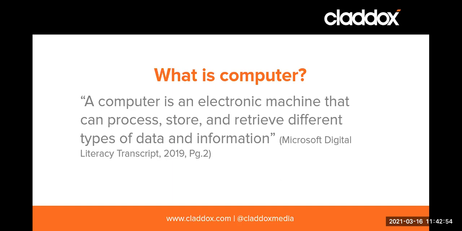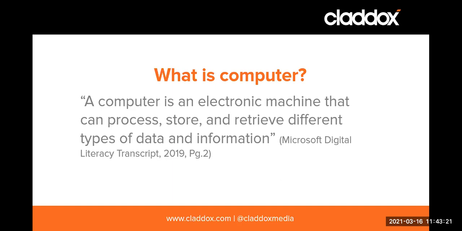It must be an electronic device that is powered by a combination of electronics. Then it processes data, it stores data, it retrieves the data. That is, it makes sure that the data can be segregated and worked on. Then at the same time, it gives out the required information. That process is what makes a computer a computer.